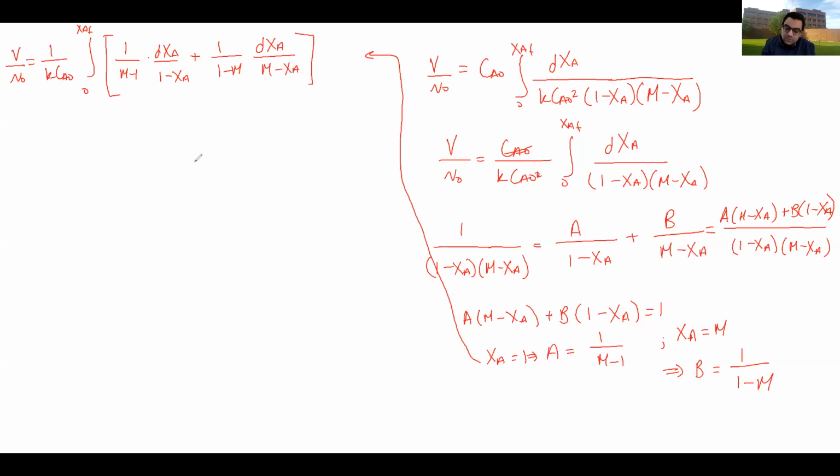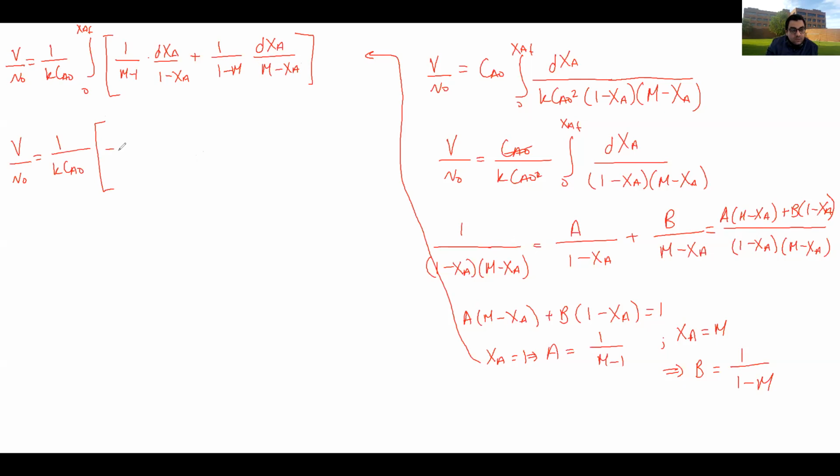Good. So this is my integral. Let's just integrate this expression. So I have V over V naught is equal to 1 over K CA naught, and let me just draw a big bracket.